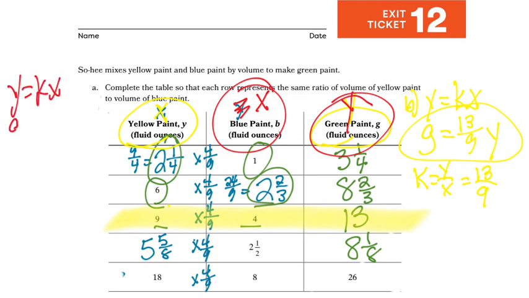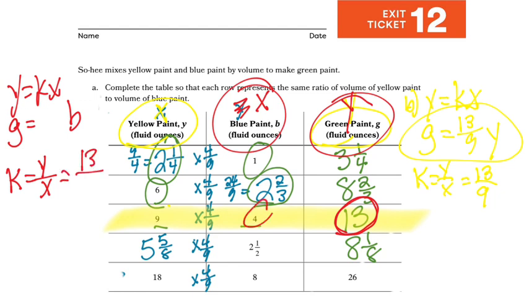The Y is green paint. The X is our blue paint. And now we need to figure out the constant. K is equal to Y over X. We go right back down here. So Y is 13 and our X is 4. So 13 fourths is good enough for a constant of proportionality.